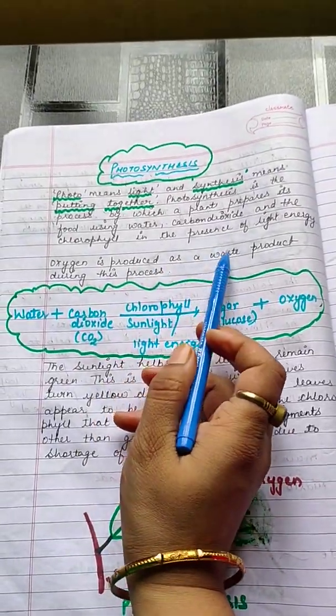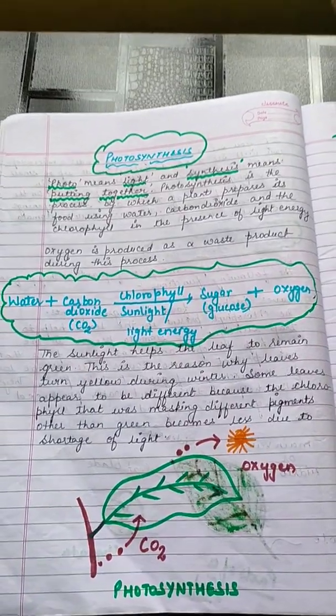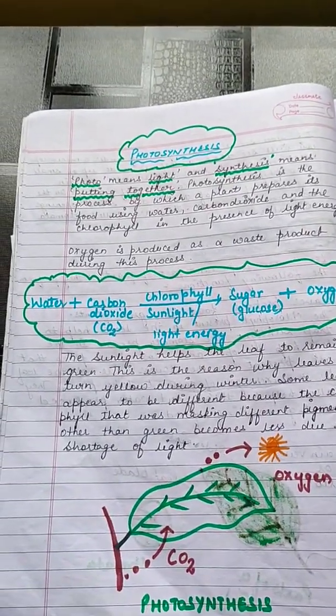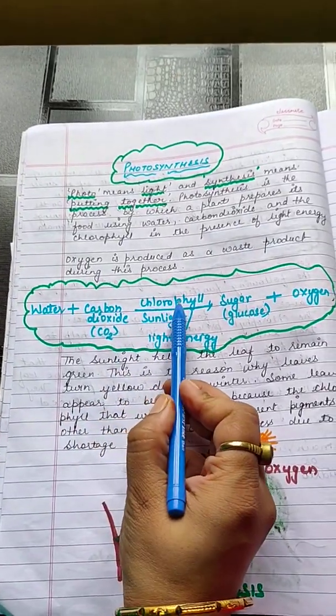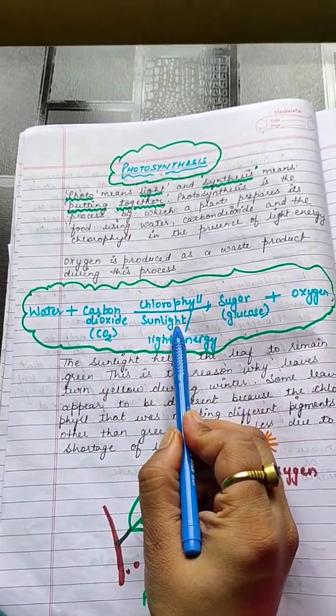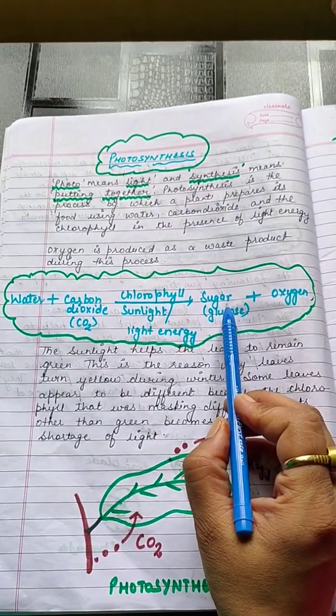Oxygen is produced as a waste product during this process. See, water and carbon dioxide in the presence of chlorophyll and sunlight produce sugar, and this sugar is the food for the plant.